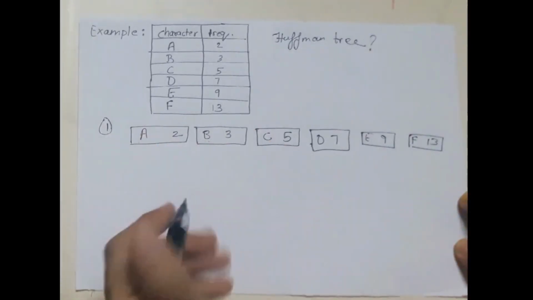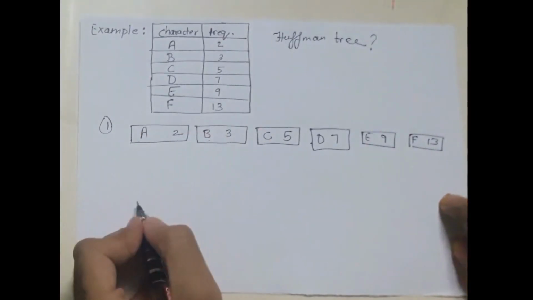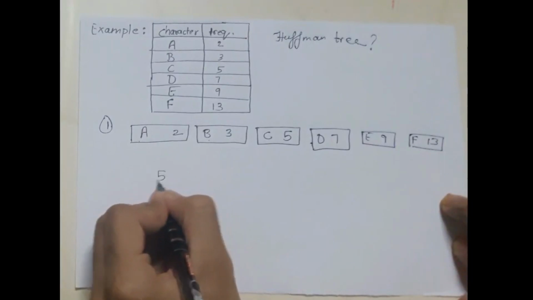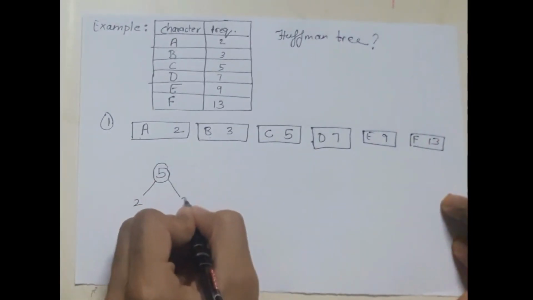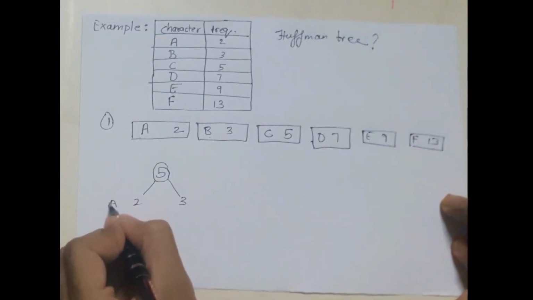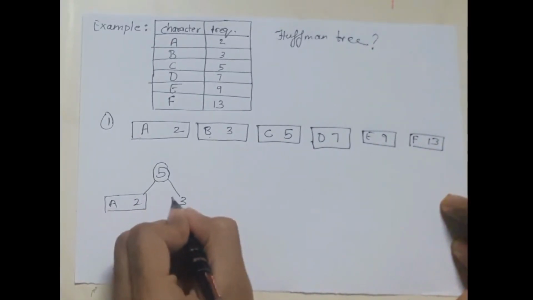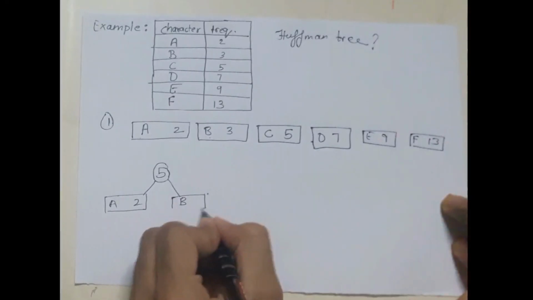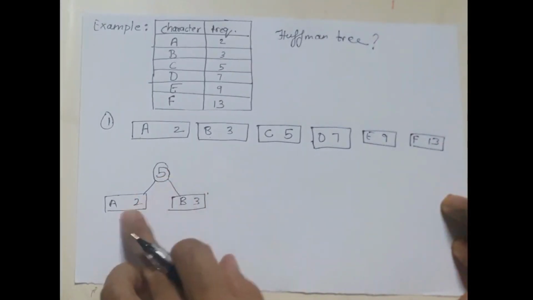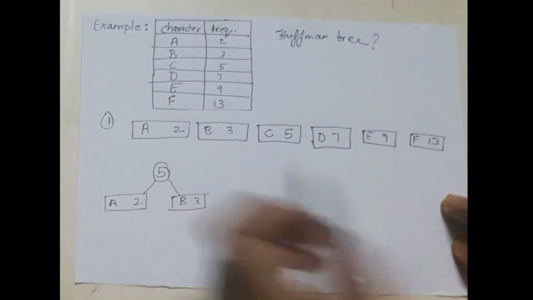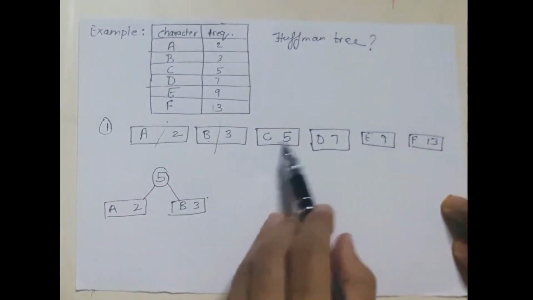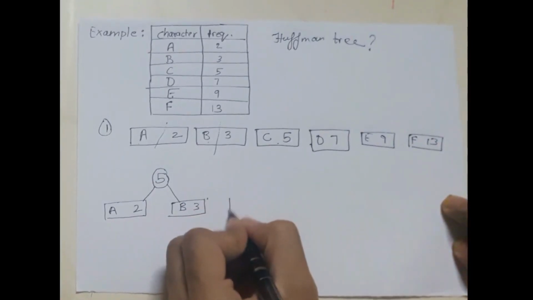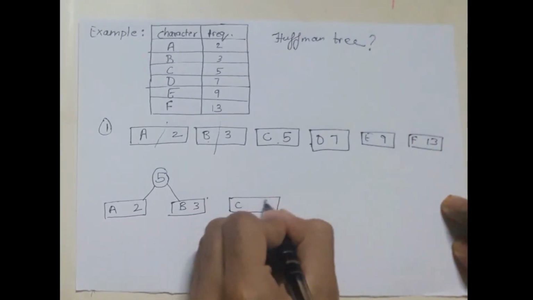So we'll merge 2 and 3 and create a parent node like this. 2 plus 3 is 5. Now 5 is the parent of these 2, so we'll cut these 2 because we are done with them.